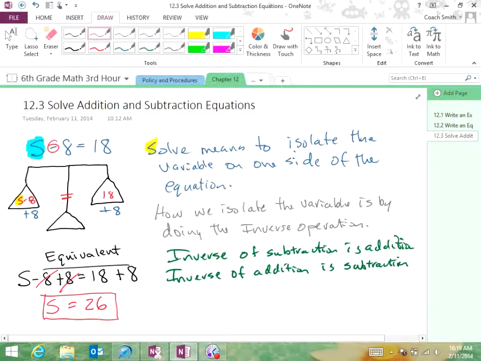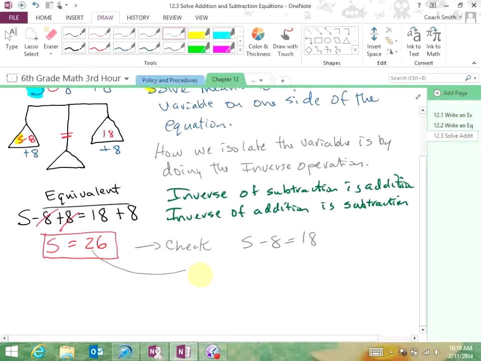And how you check it this way: you take S minus 8 equals 18 and plug in the 26 right there. So 26 minus 8 equals 18. 26 minus 8 is 18. So those two do equal, so the solution checks. This is the solution to the equation.